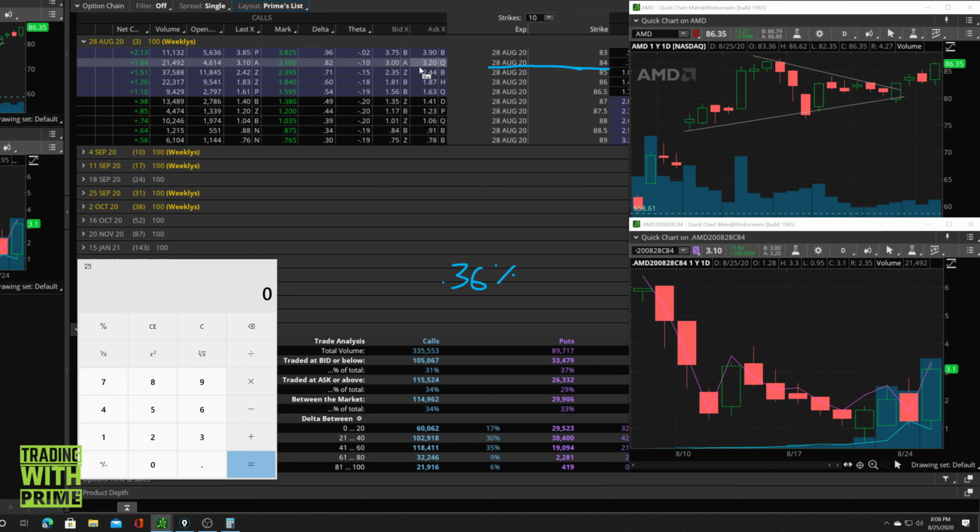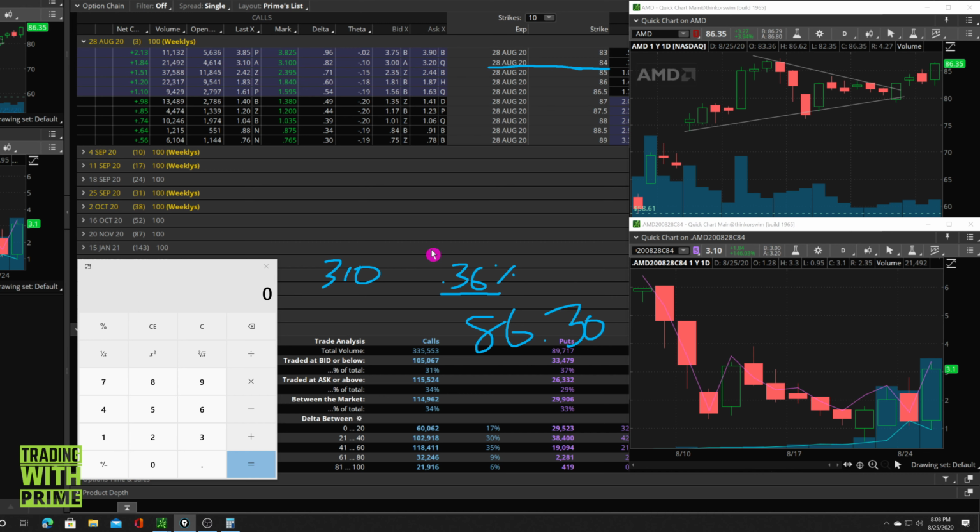Okay, 84 strike, and we paid $310 for it. 0.36% to break even, which is also equivalent to $86.30. So you see the difference here. A lot more value in this scenario, in my opinion. There's a lot more value, and it's safer as far as in the money options.